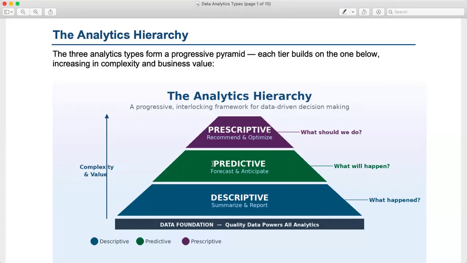So each stage or each type of analytics has its own significance. Every analytical process has its own importance.